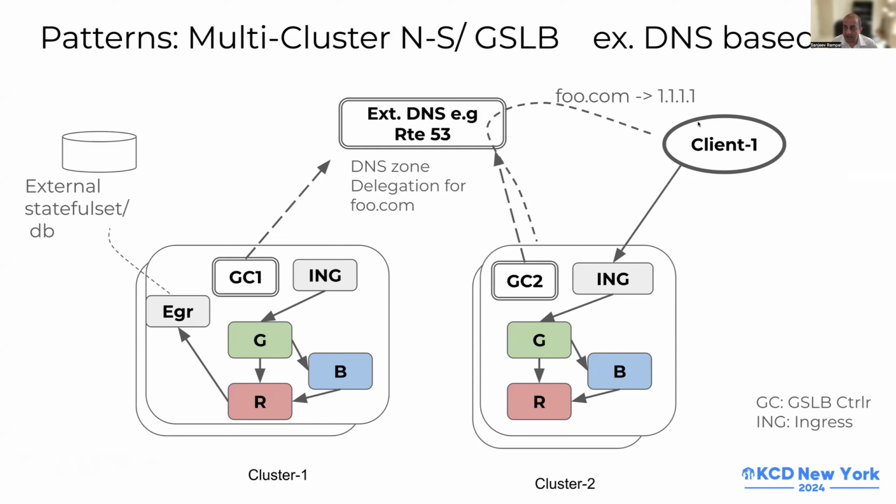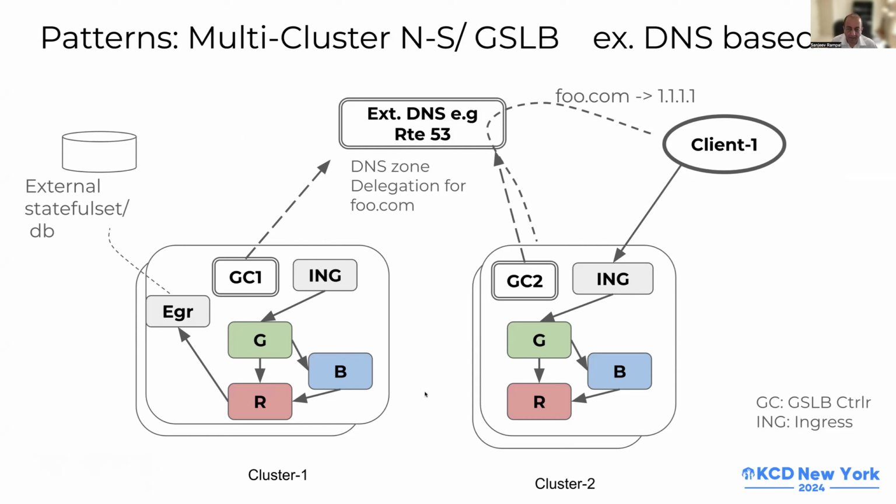So what happens is when the client asks for foo.com, these two controllers agree that, okay, for foo.com from this client, we are going to load balance it to this cluster, and the externally visible ingress load balancer IP for this cluster is 1.1.1.1. For some other clients, they may agree and the DNS response would be the IP address of the other cluster's ingress. So essentially, at a DNS level, you're getting different clients assigned to different clusters, but they're getting the full application at each cluster.